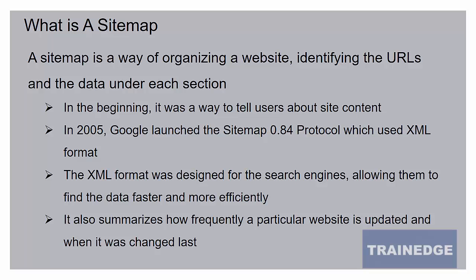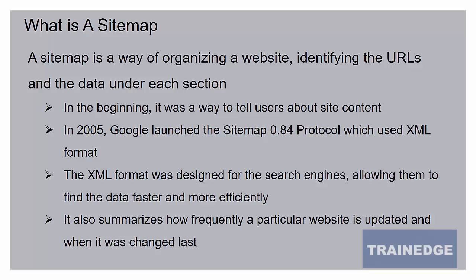The sitemap also includes information about how frequently the website is updated and when it was changed last. So when a Google search bot visits the site and it looks at the sitemap, it can look at when it was changed last, and if it has changed since the last time it was indexed, then it will crawl the website again.